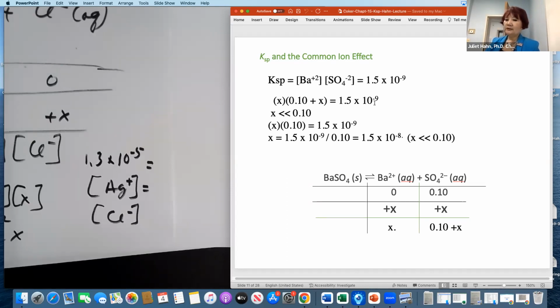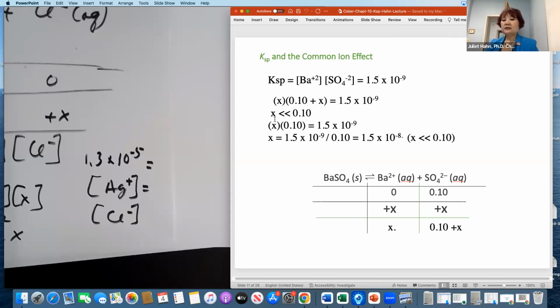Now, if you look at the KSP, it's a very small number, meaning that the amount of X that you get is not going to be very large. So then you can say that X is much smaller than 0.10. And this is true for all weak acids, weak bases, and almost all, I think, all KSP equations. It's always a small number.